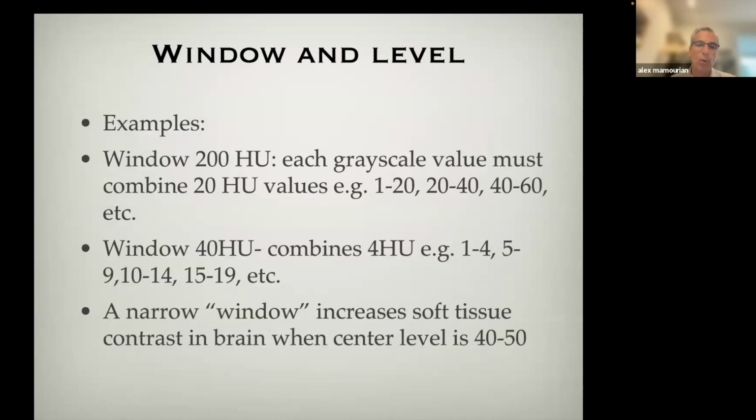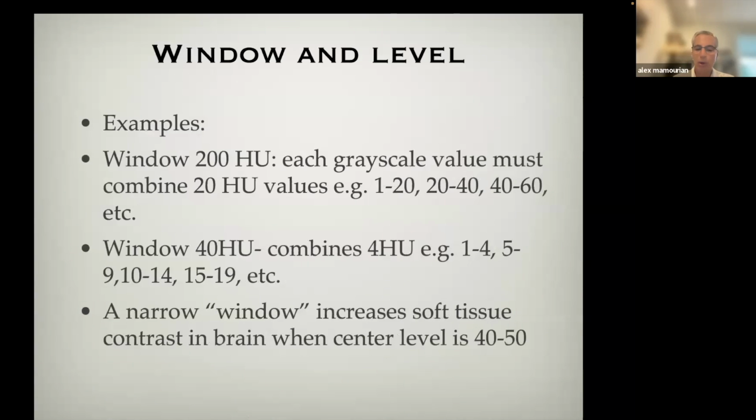If we say the window is 200, and let's say there are 10 grayscale values we can display, each single grayscale value merges together attenuations of 1 to 20, 20 to 40, 40 to 60, and so on. With a window of 40 Hounsfield units, I only have to display a range of 4 Hounsfield units.